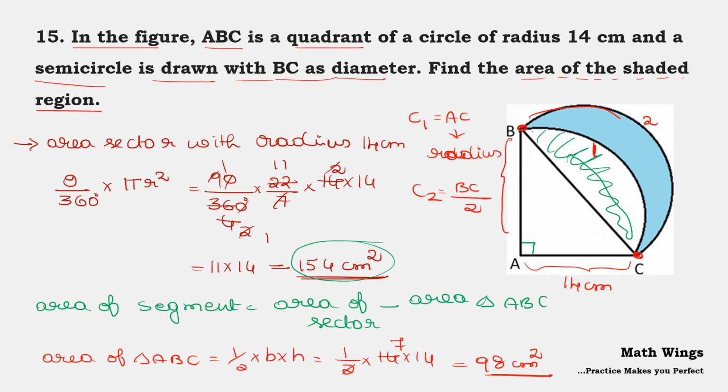Therefore, what is the area of the segment, and why are we finding the area of the segment here? Because the area of the shaded region is the area of the semicircle with diameter BC minus the area of the segment here, correct? That's why we are going to find the area of the segment. So what's the area of the segment now? That is equal to 154 minus 98.